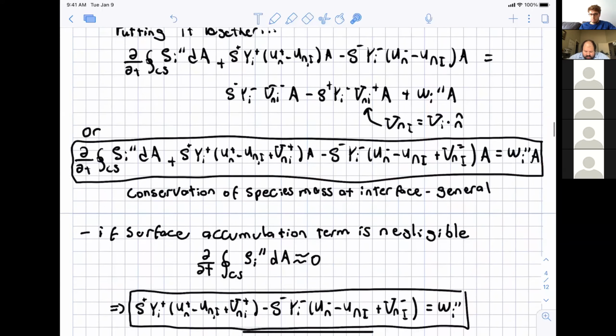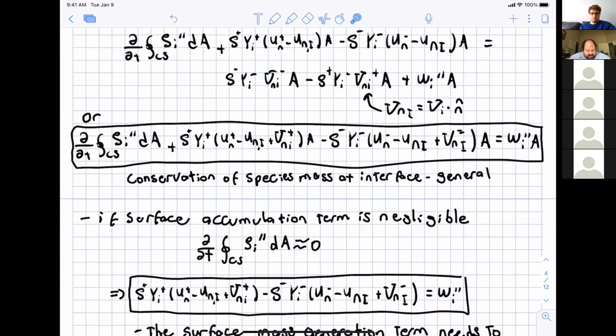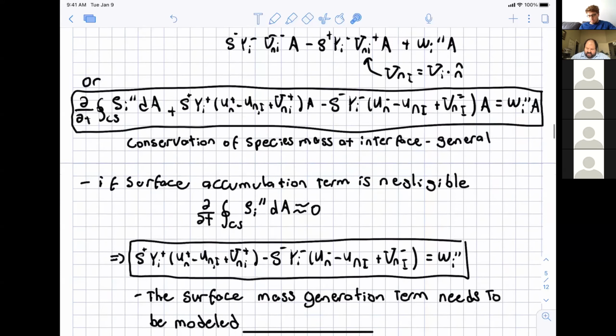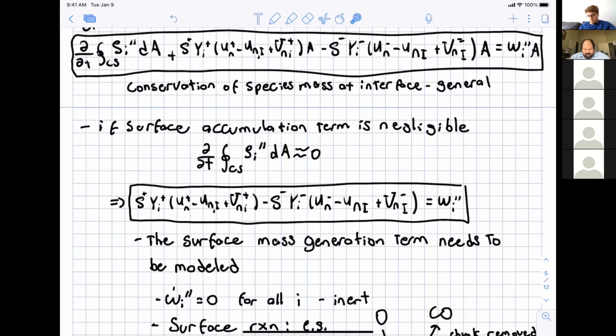But normally for our combustion applications, the site species accumulation term is negligible, so we don't need to worry about it. We can make this tend towards 0, and we wind up with something more familiar.